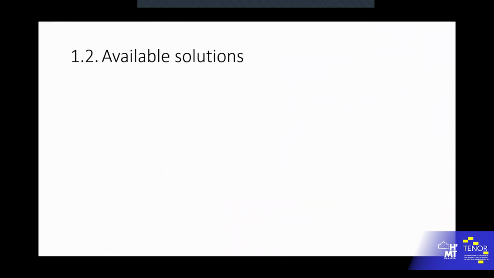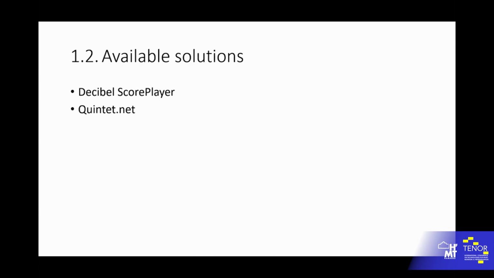Also for the following project we needed a video file for the audience, because the twin brother of Gabriel should always be on screen and the actor should be on the scene. So we needed a solution for the synchronization. Some of the available solutions for graphic notation are Decibel Score Player, QuintetNet and SmartVox.